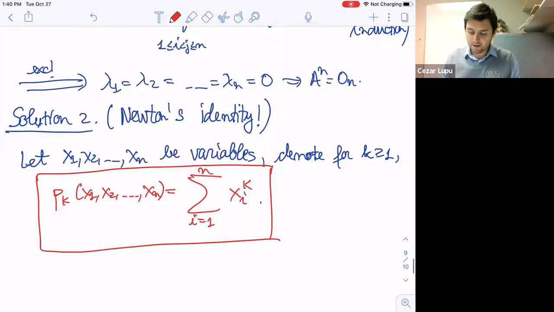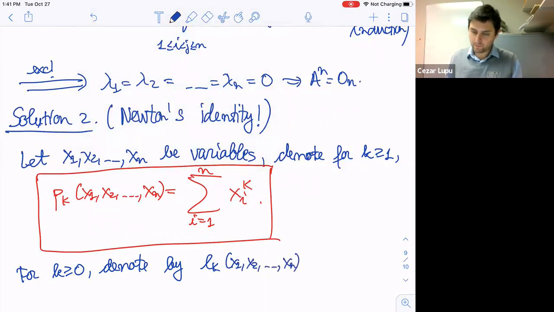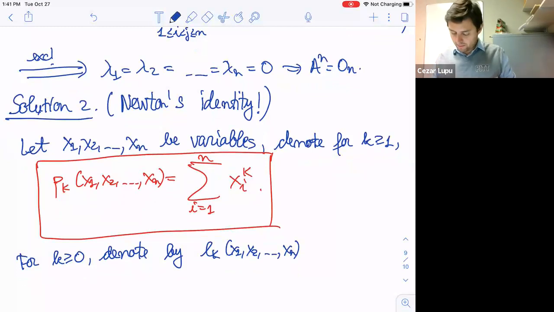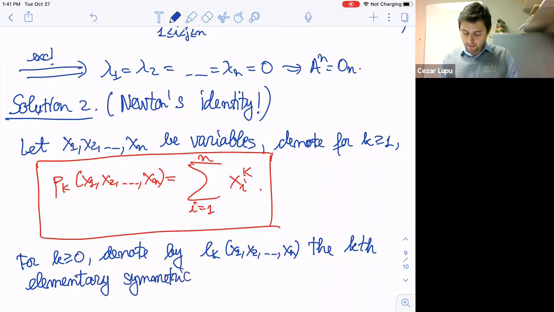And now for k greater or equal than 0, we denote by e sub k of x1, x2, xn the kth elementary symmetric polynomial.